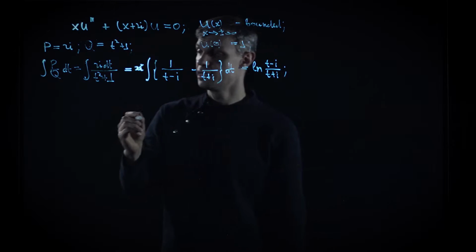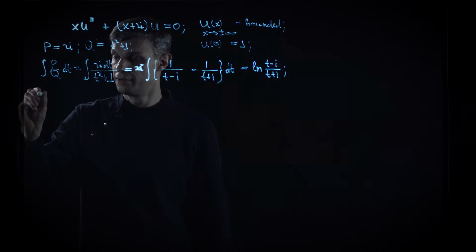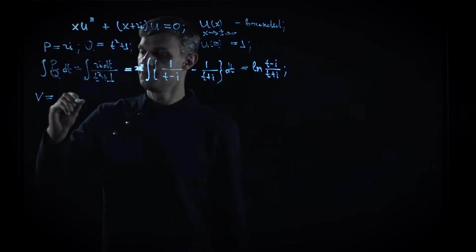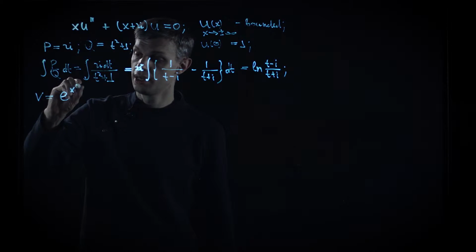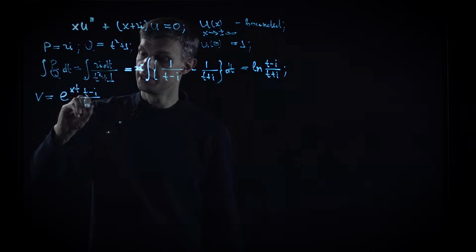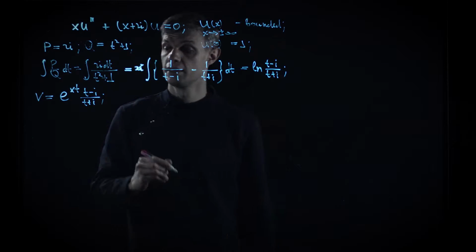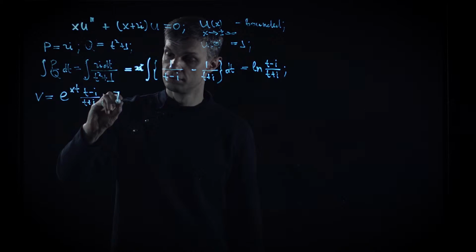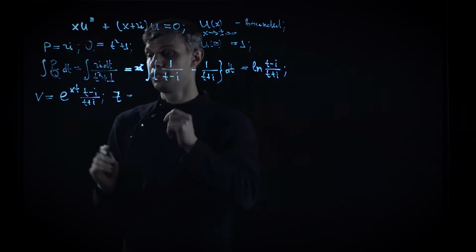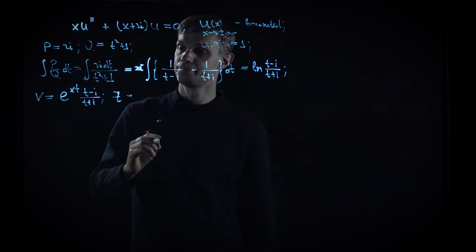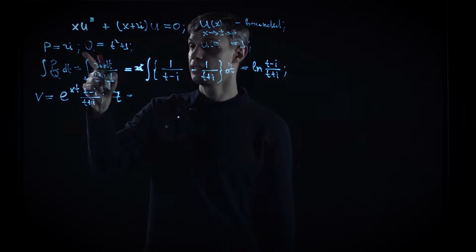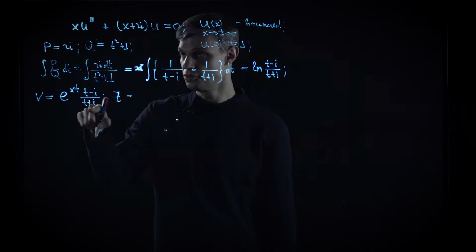Now we are ready to write down the constituent functions which define our solution, namely the v function, which is simply e to the xt times t minus i divided by t plus i. And the z function, which is almost the v function but divided by the Q polynomial and without the exponential term. So it's t minus i divided by t plus i, multiplied by t plus i in the denominator, divided by t minus i.